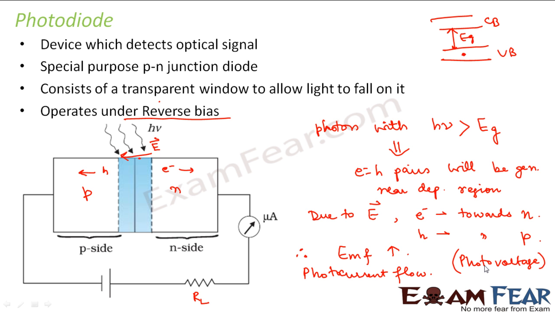Due to this electric field, the electron hole pairs which were generated will get drifted. So the electrons will move towards the N side and the holes will move towards the P side. As a result of this movement, the EMF between the two sides will increase. And then if we connect the two sides through a load, we see that a photocurrent flows because of this EMF which was developed.